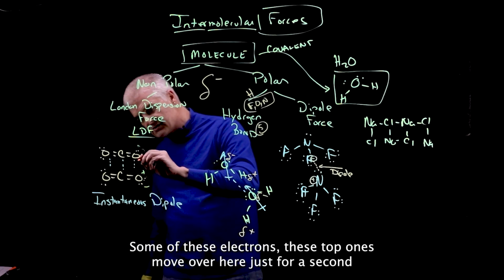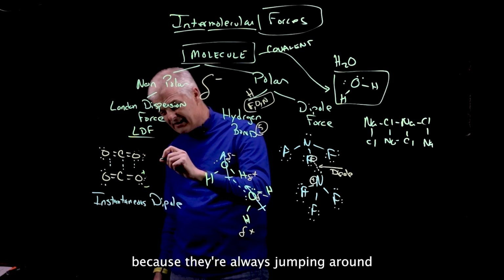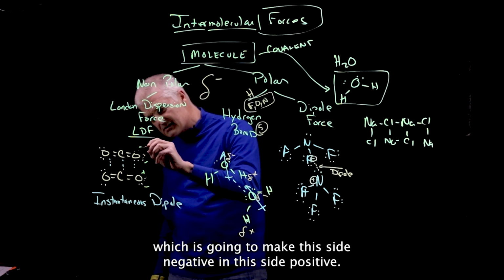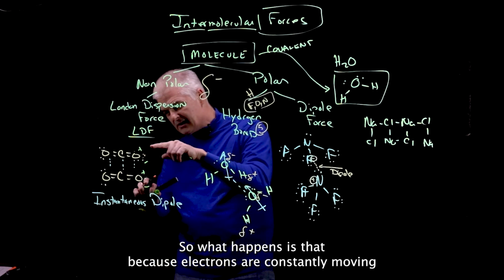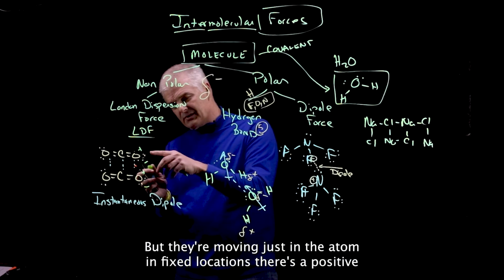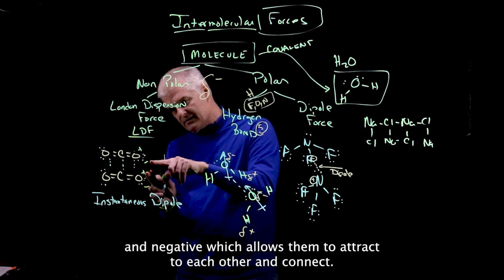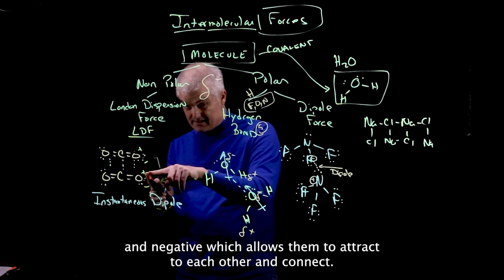Some of these electrons, these top ones, move over here just for a second because they're always jumping around, which is going to make this side negative and this side positive. So what happens is that because electrons are constantly moving, this is somewhat similar to metallic bonds, but they're moving just in the atom in fixed locations. There's a positive and a negative, which allows them to attract to each other and connect.